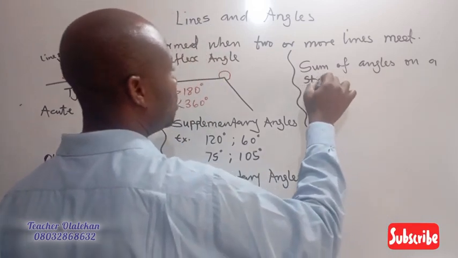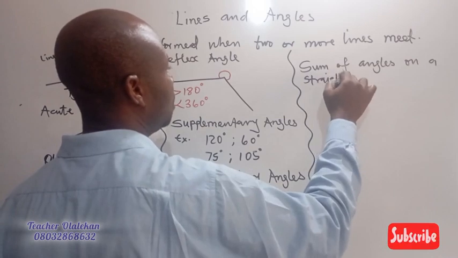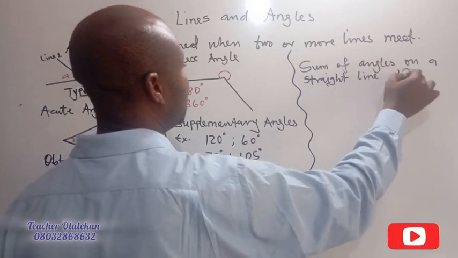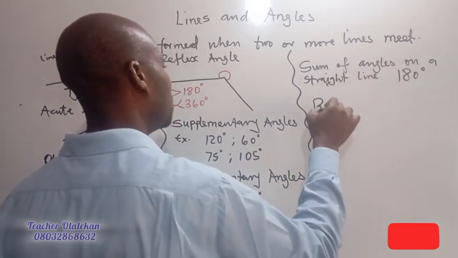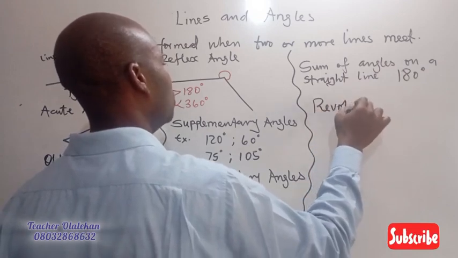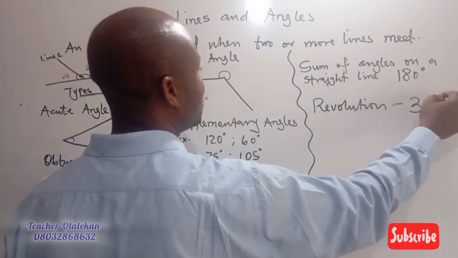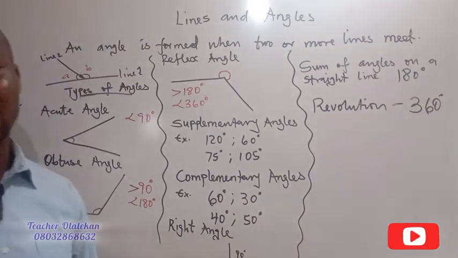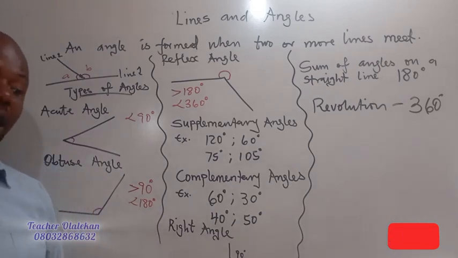The sum of angles on a straight line is 180 degrees. And now let's talk about a revolution, which is angles at a point. The sum of angles in a revolution is 360 degrees. So a revolution is 360 degrees. That's angles at a point.